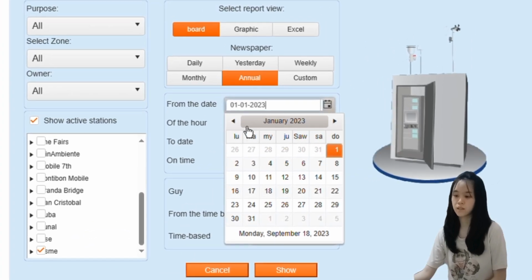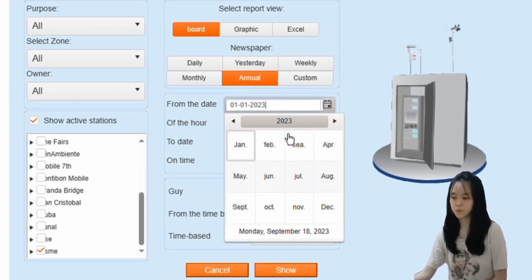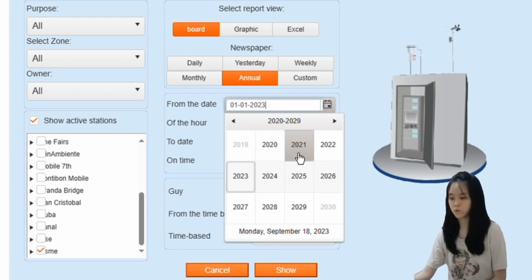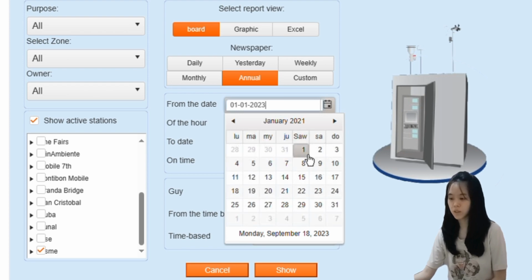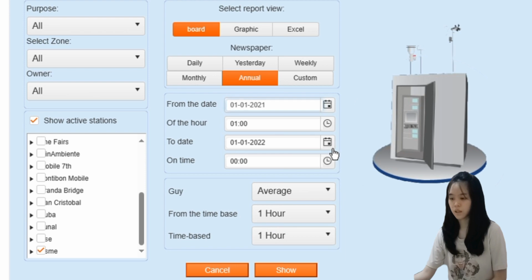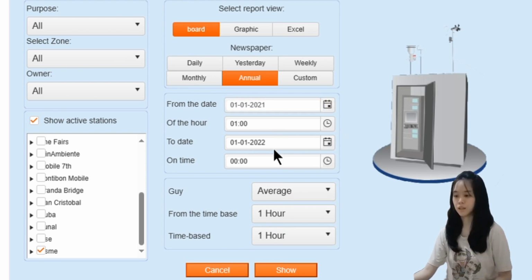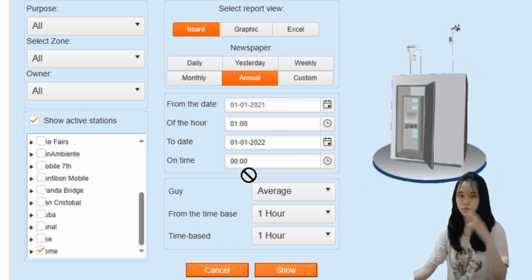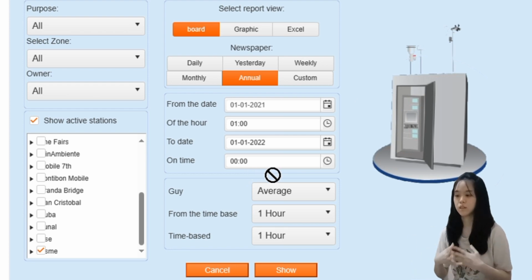Choose the starting period, which is, I'm going to choose from January 1st, 2021. And then the ending date would be set automatically, which is January 1st, 2022, but at midnight. So it's a full year, all the times in 2021.